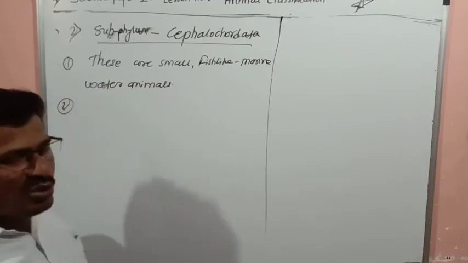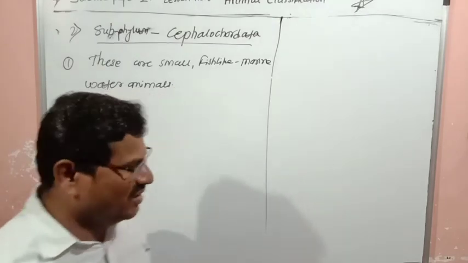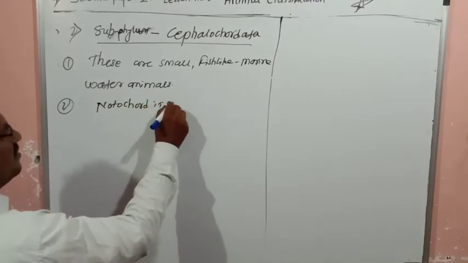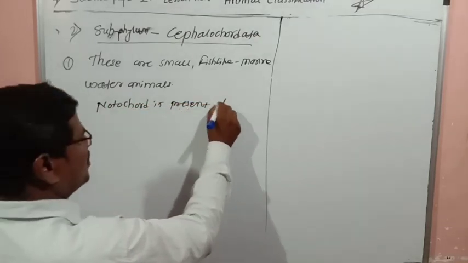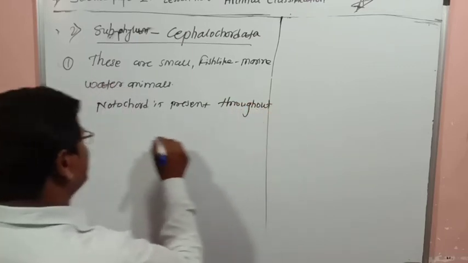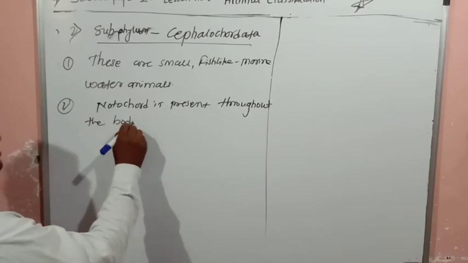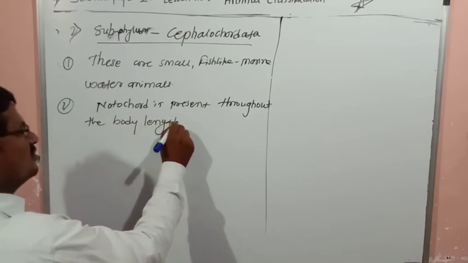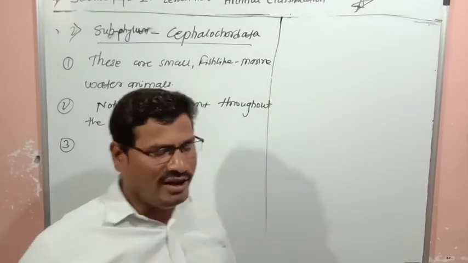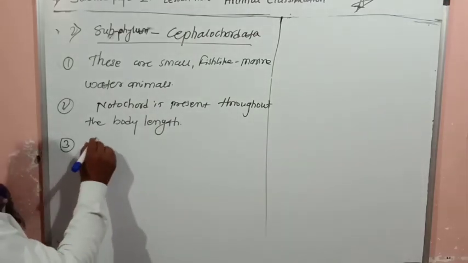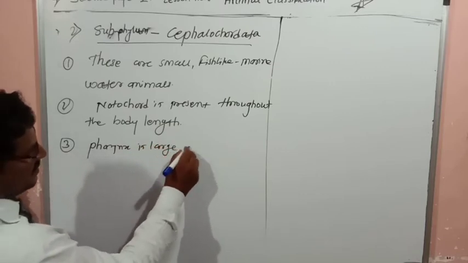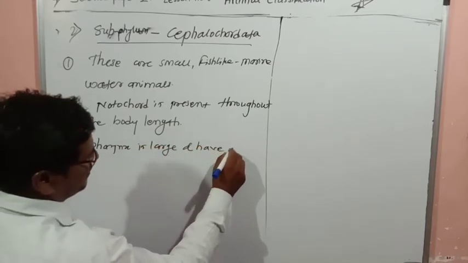Second point, notochord is present throughout the body length. Third characteristic, their pharynx is large and has pharyngeal gill slits.